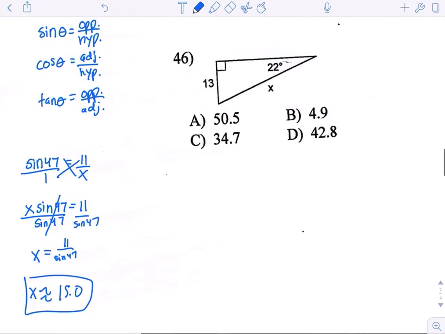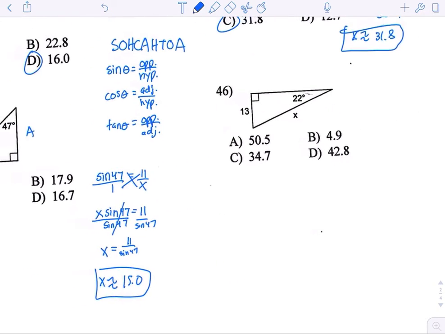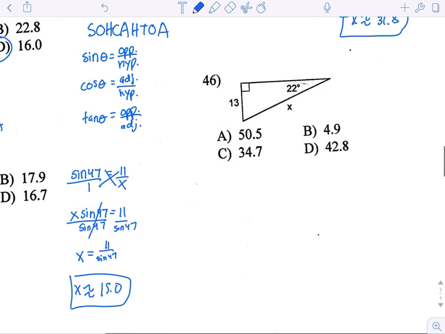And lastly, 46. In the perspective of this angle, right? Opposite, adjacent, hypotenuse. There's information at H and the O, so that means we're going to be using sine. So sine of 22 is equal to opposite over hypotenuse. Let's cross multiply.